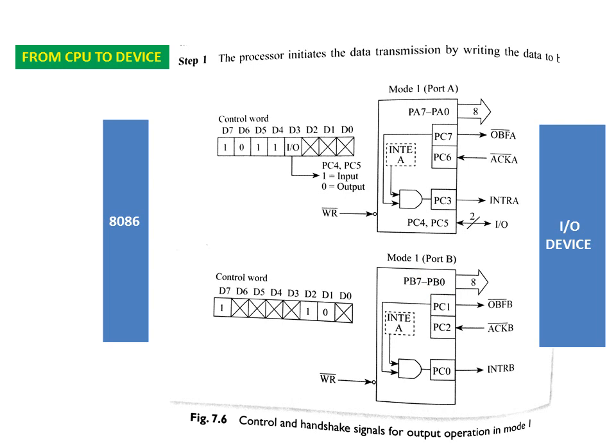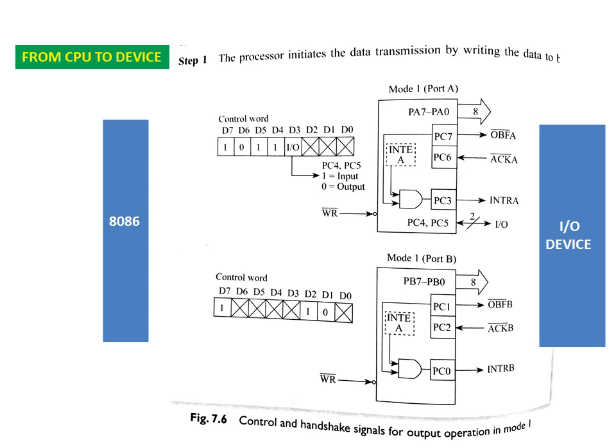In the previous example, port A or port B was used only for input operation. Now in this example we will see port A or port B used for output of information.